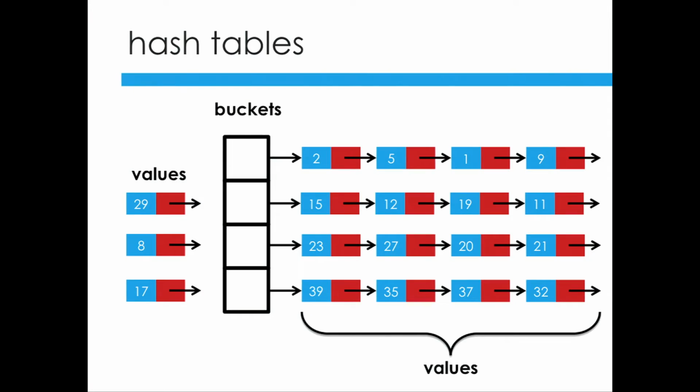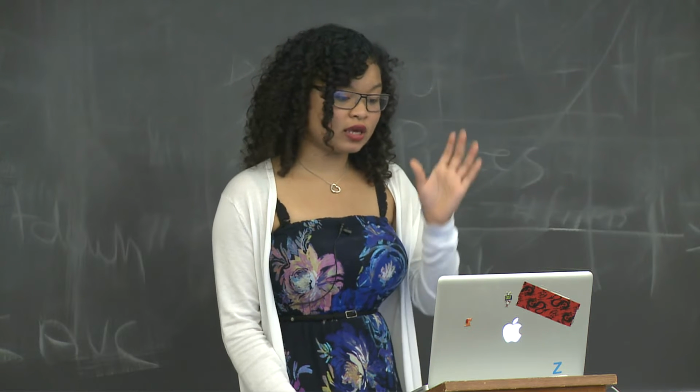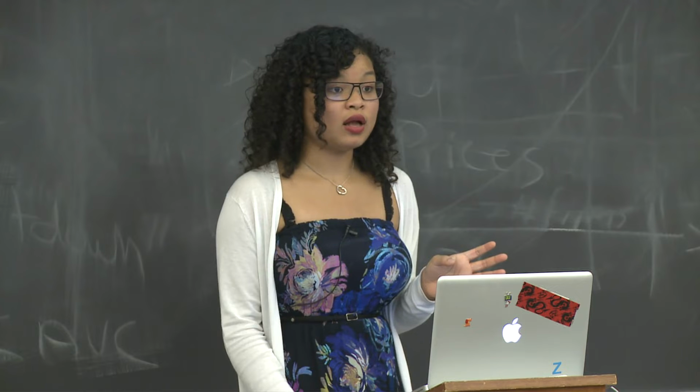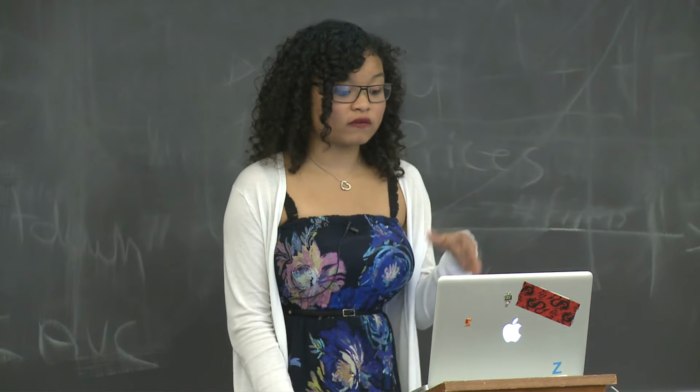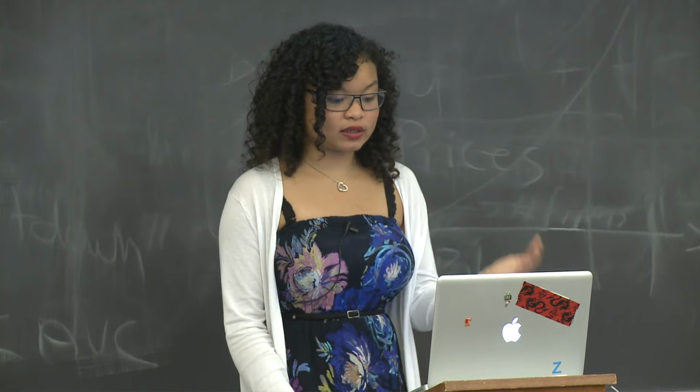So here what I have is a hash function for an int hash table. For the first bucket, any integers below 10 go into the first bucket. Any integers above 10 but below 20 go into the second, and so on and so forth. So each bucket is kind of representing these numbers.